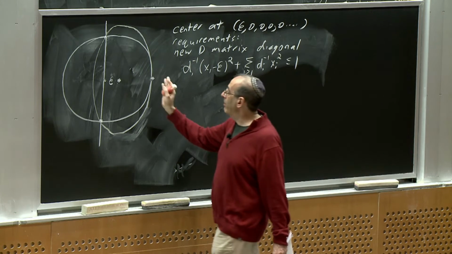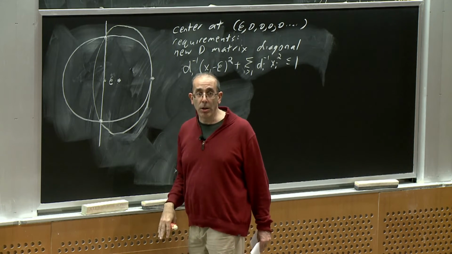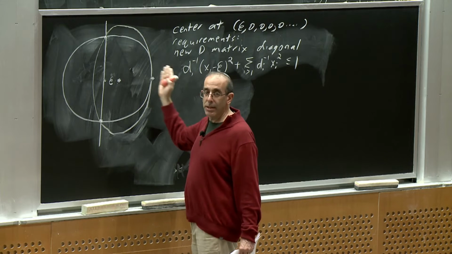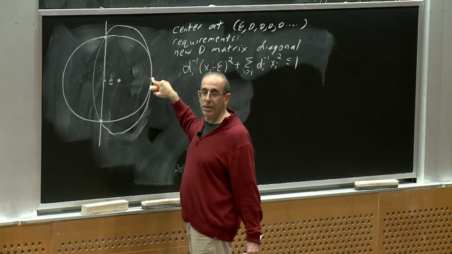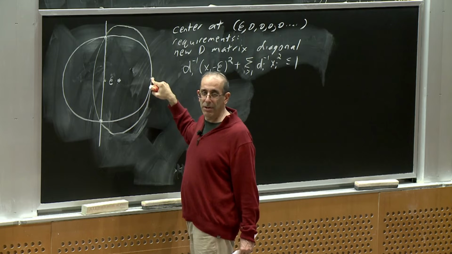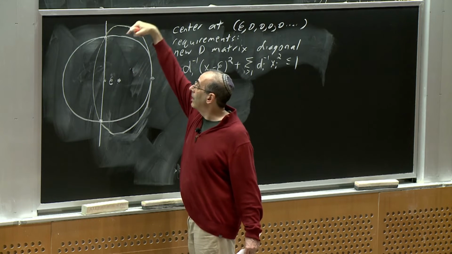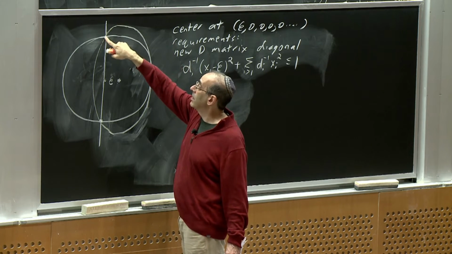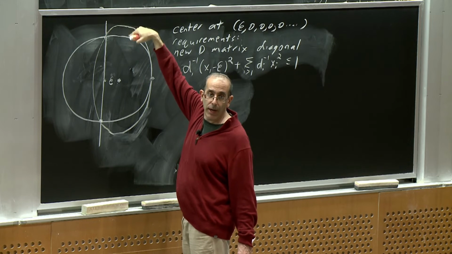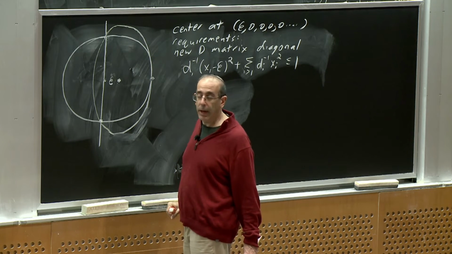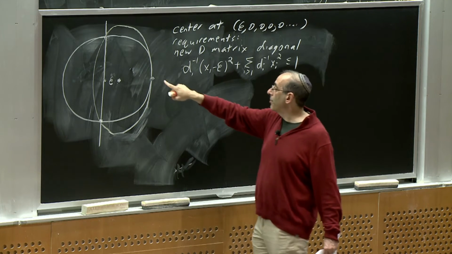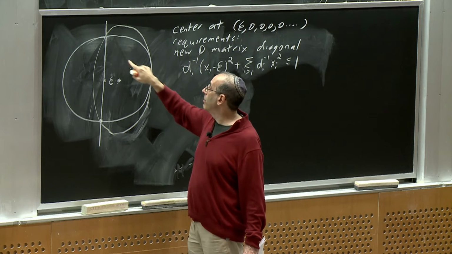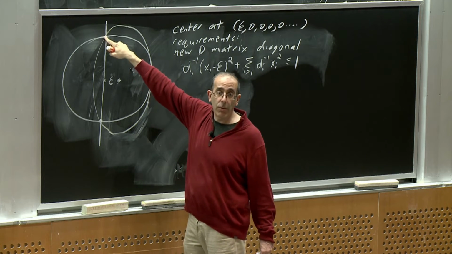What stops me from making this ellipsoid any smaller is that I can't shrink it in this direction anymore because I would lose this end of the original sphere, and I can't shrink it in this direction anymore because this is the point that I would lose if I shrank it in this direction. So it's going to pass through this point, and it's going to pass through this point. I'm going to have equality here.